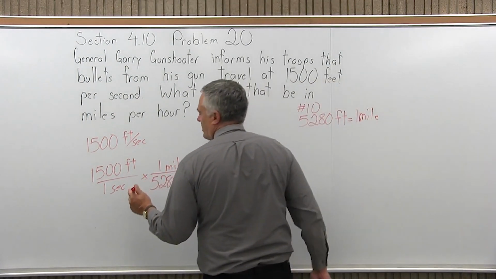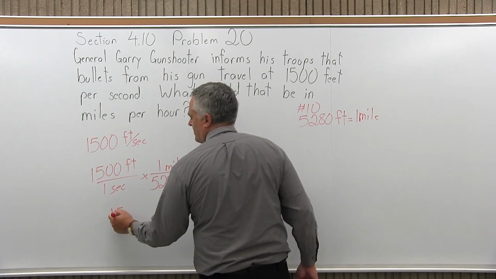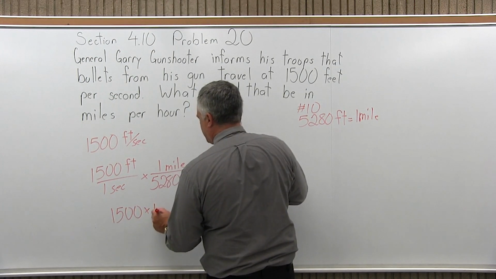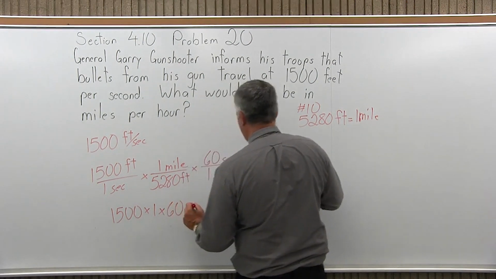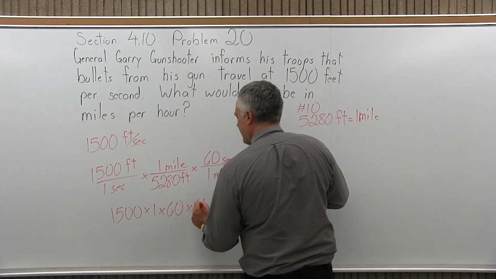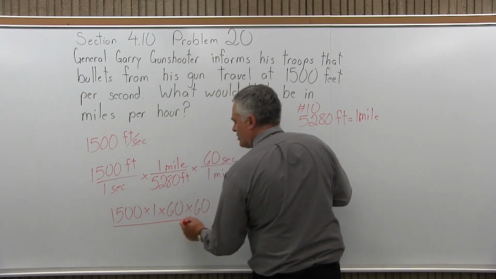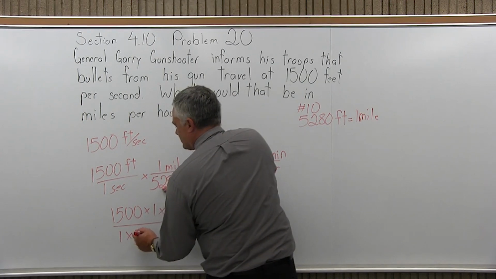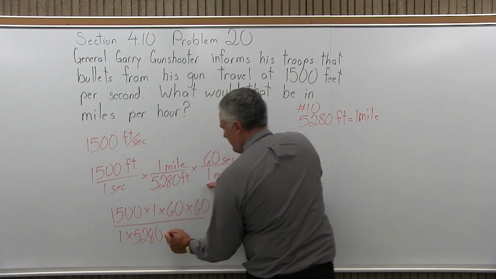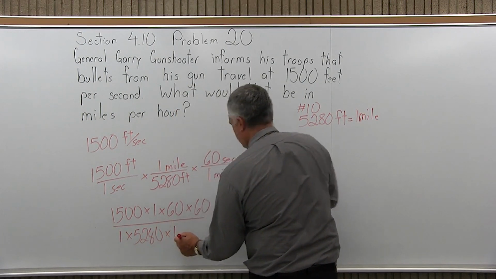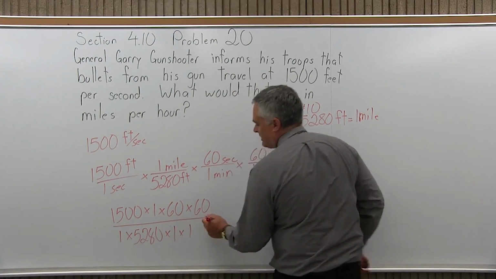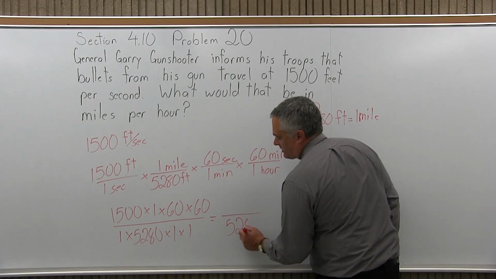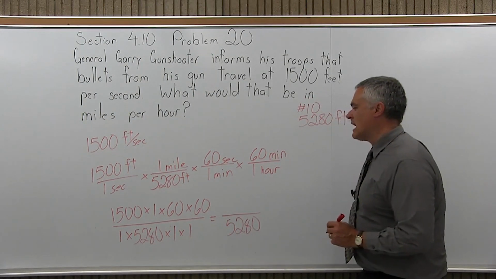So what's going on in terms of the math? In the numerator, I'll have 1,500 times 1 times 60 times 60 again. In the denominator, I'll have 1 times 5,280 times 1 times 1 again. The times 1 doesn't really matter that much. So the denominator I can do easily without a calculator is 5,280.